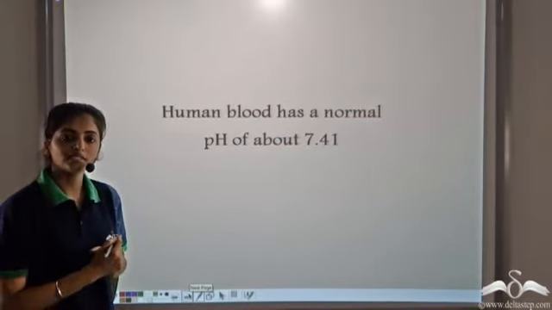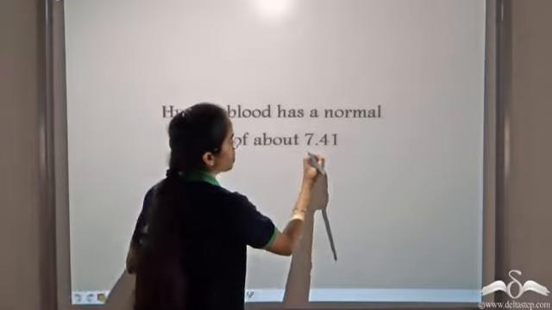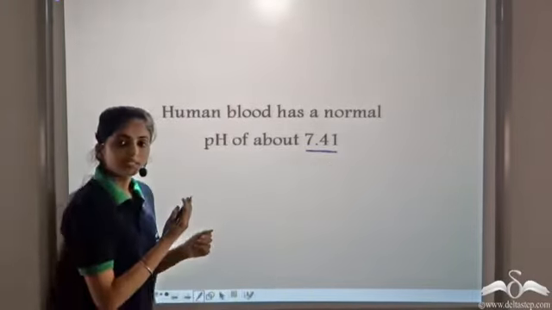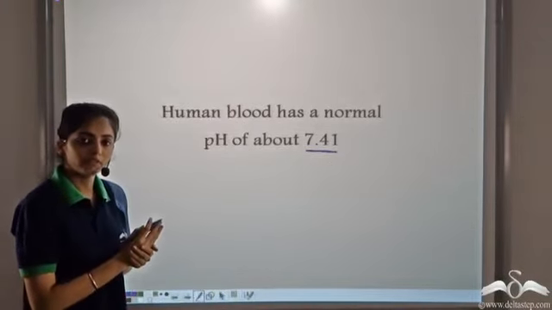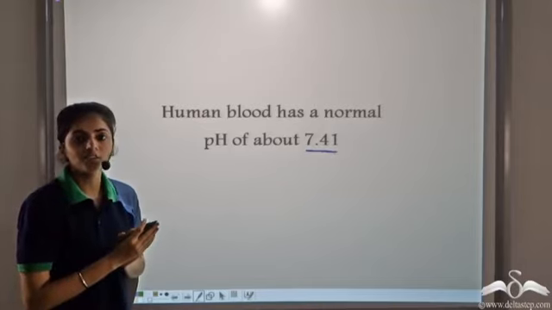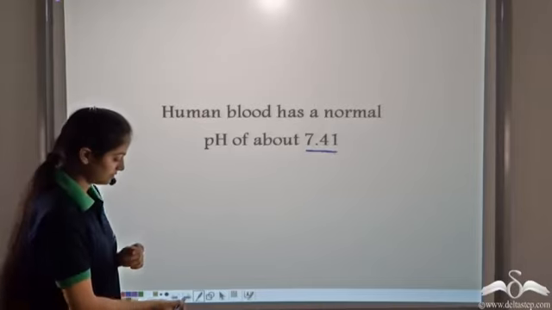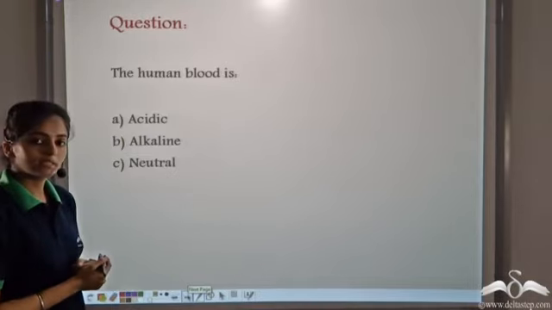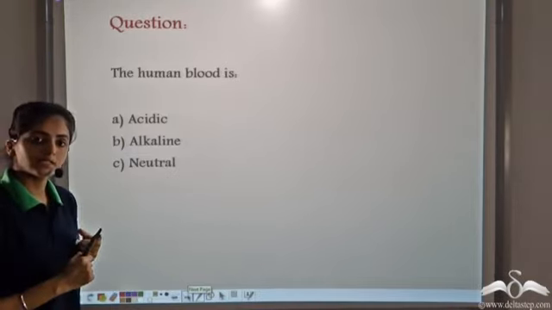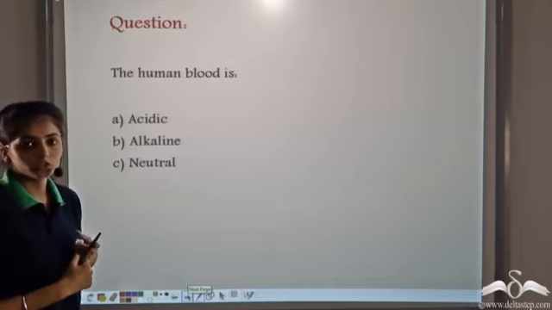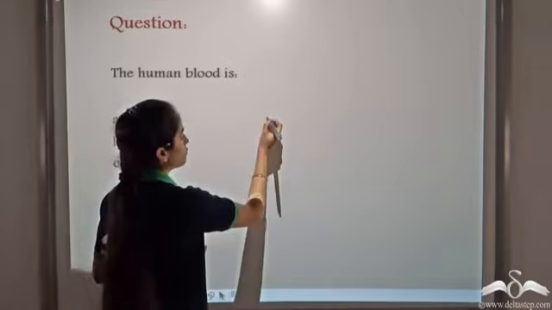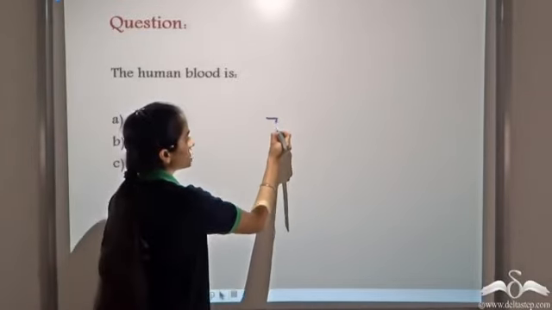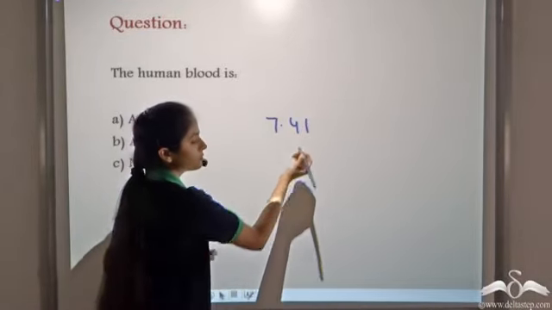Human blood has a pH of 7.41. Since it is slightly above 7, it is slightly alkaline or basic in nature. Is the human blood acidic, alkaline or neutral? We know the value of human blood pH is 7.41.